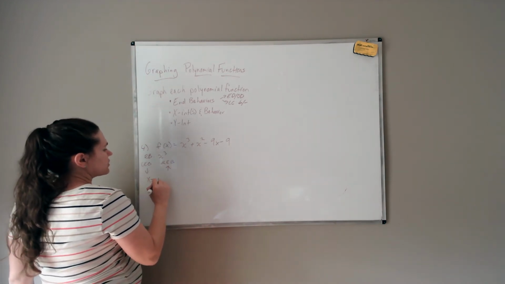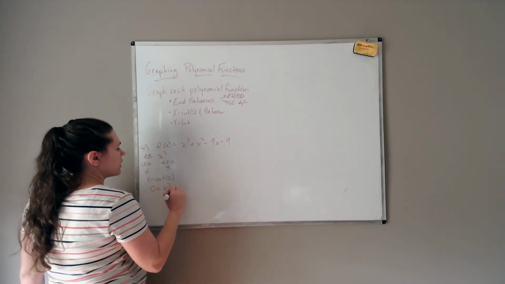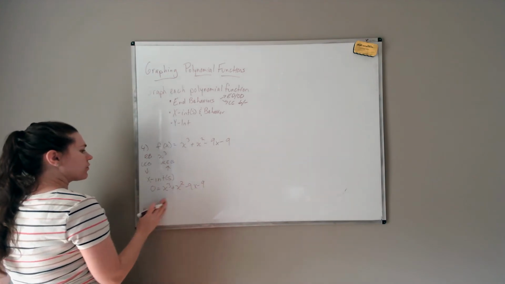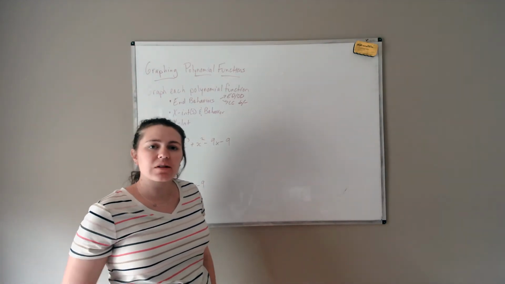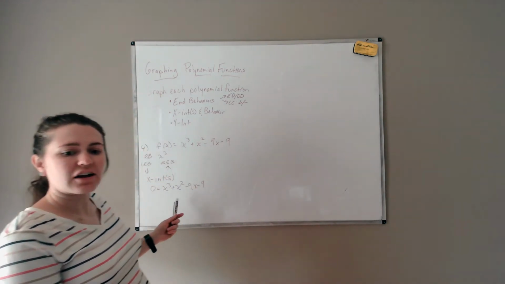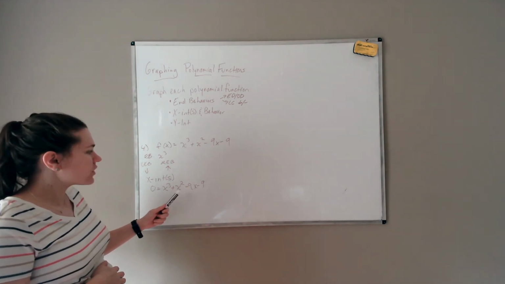Now for our x-intercepts, we need to know what's the value of x when the output is 0. Well, I can't find them right now because I only have it in standard form, and we don't have a magic 3rd degree formula that's going to shoot out our 3 values. So what do we have to do? We have to factor this expression down to linear and quadratic factors.